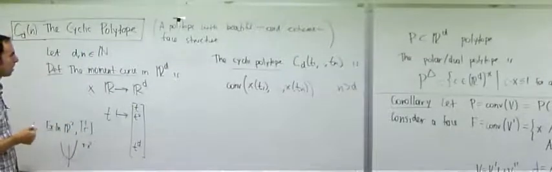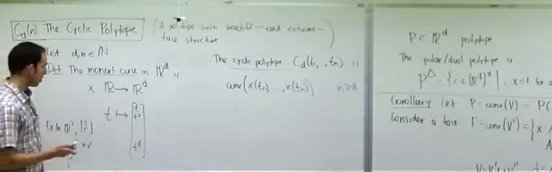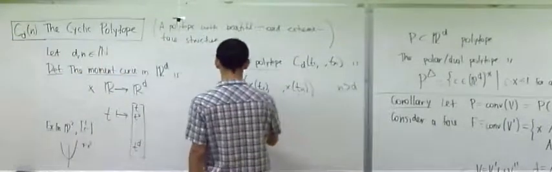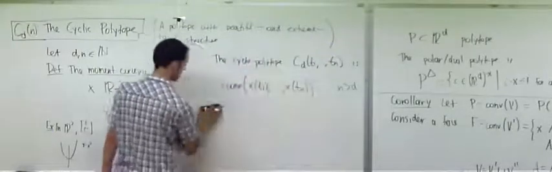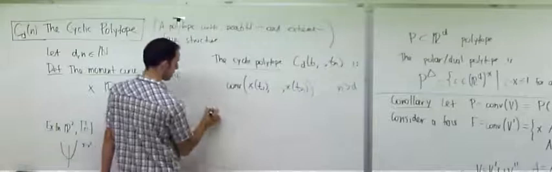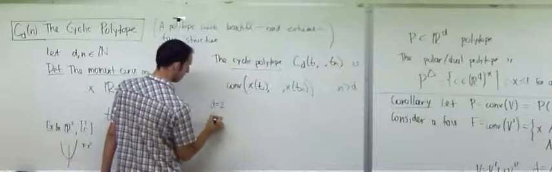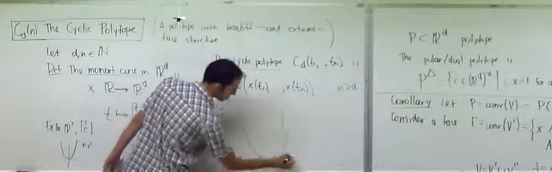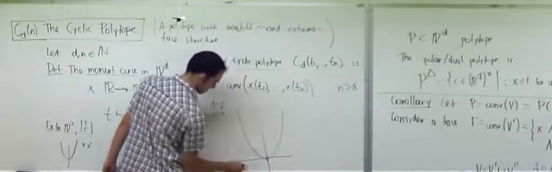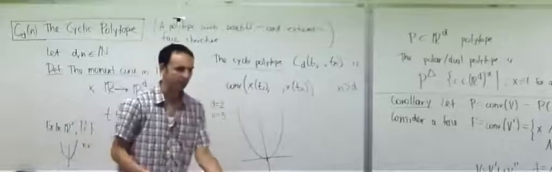Okay. So that's the cyclic polytope, and so what does this look like, for example, for d equals 2 and n equals 5? I'm just choosing 5 points on this curve, okay?